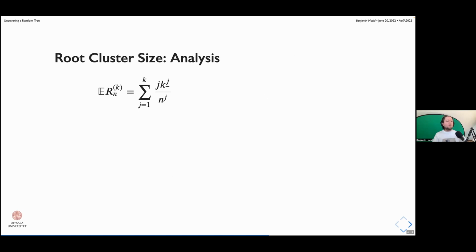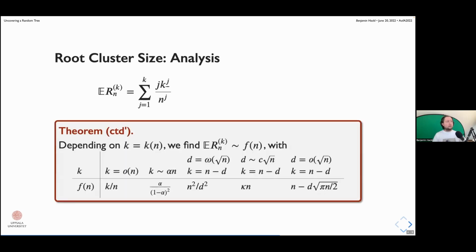For the analysis, we can actually give a pretty precise description of how this expected root cluster size behaves. Here it is. Depending on where we are with k as a function of n, depending on how many vertices we have uncovered, the behavior of the size of the root cluster will be different.